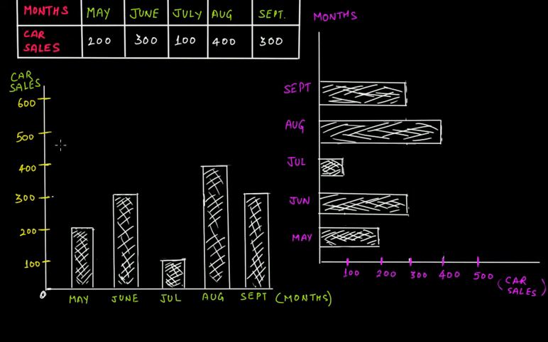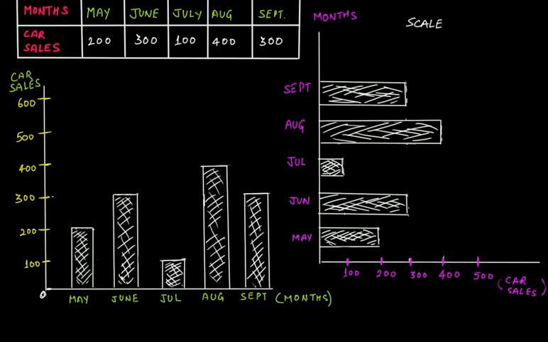We took care of a scale. Scale represents what? The unit length. The unit length should be the same, and you have drawn the perpendicular lines. So this is about the basics of the bar graph or the bar diagram, right?